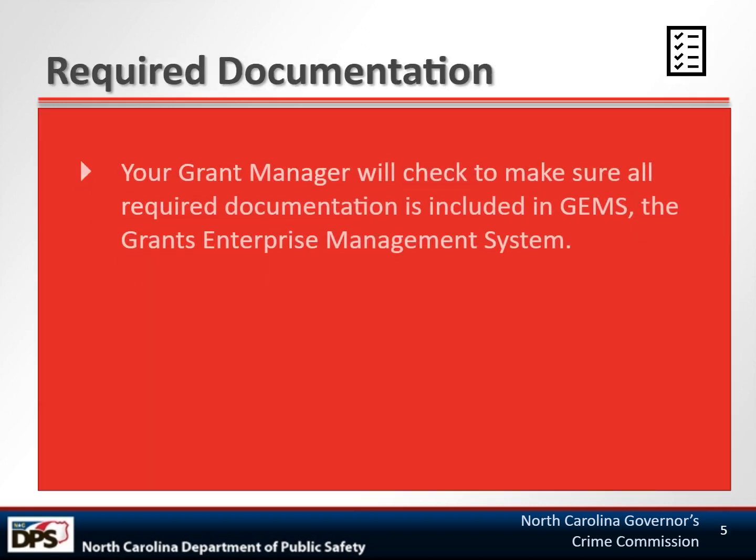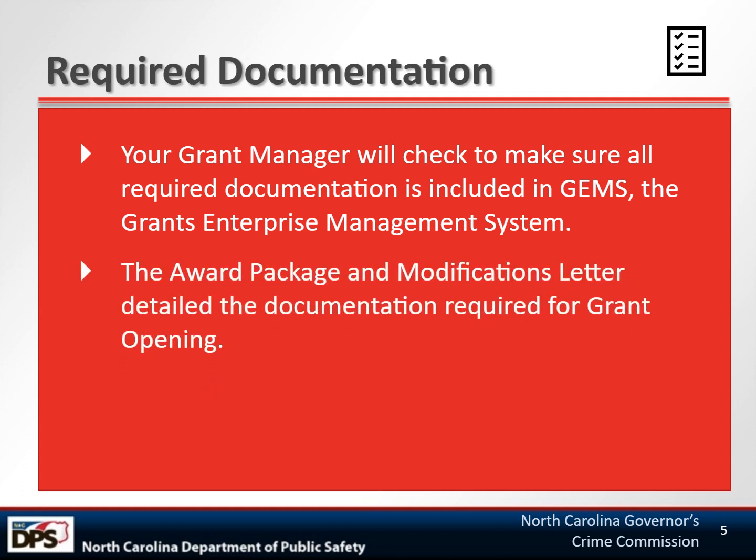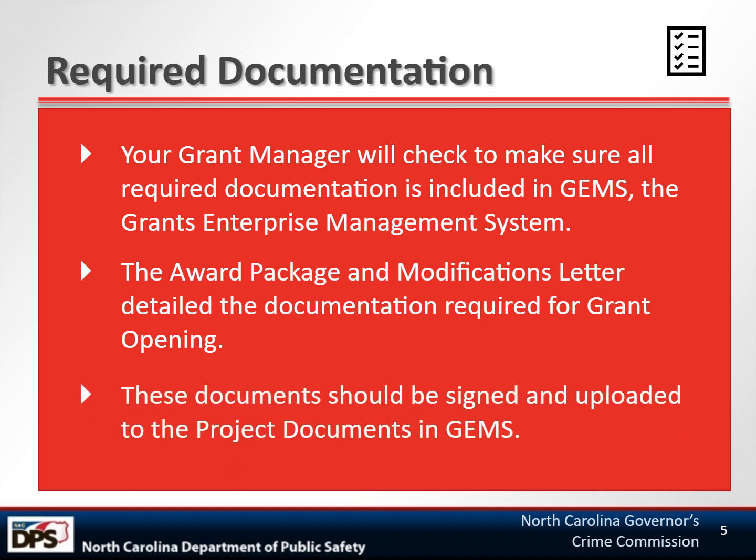Your grant manager will check to make sure all required documentation is included in GEMS, the Grant Enterprise Management System. The award package and modification letter detail the documentation required for grant openings. These documents should be signed and uploaded to the project documents in GEMS.